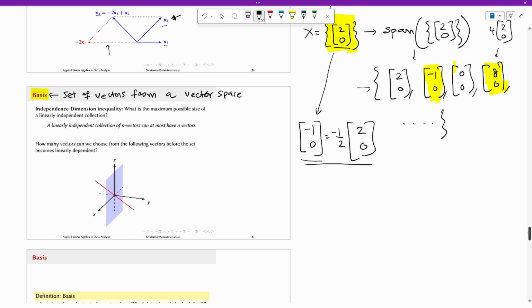Okay. And for a set of vectors from a vector space to be a basis for that vector space, the set has to satisfy two properties. It has to be linearly independent.